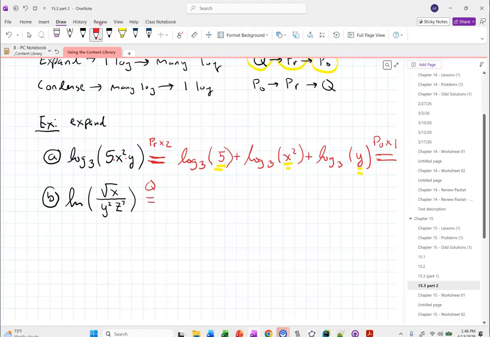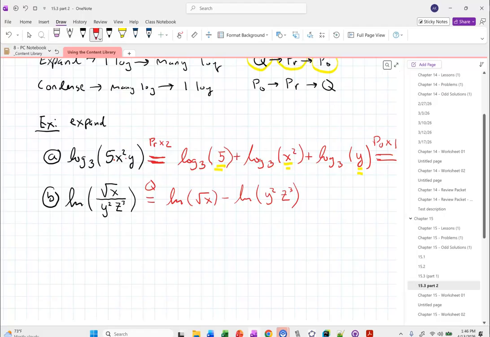So what we're going to have is natural log of the top minus natural log of the bottom. Where the division symbol is, we replace it with a subtraction, and then the logarithm wraps around the 2 parts of our division problem.